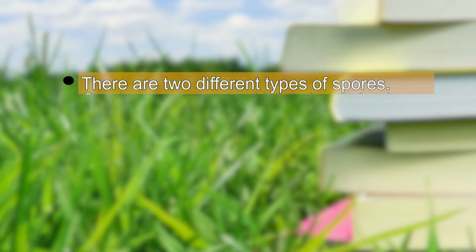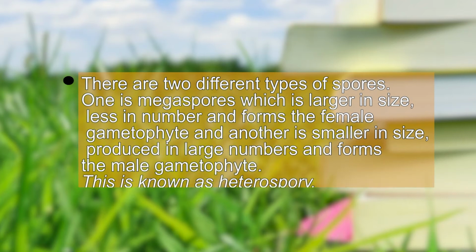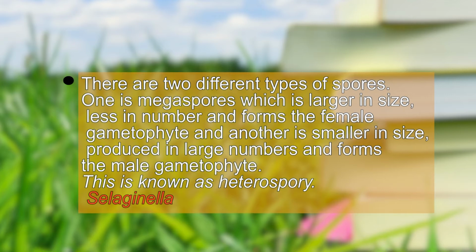And this third type is known as heterosporous, where two different spores are produced. One is the megaspores and the other is the microspores. These megaspores are relatively larger and the microspores are relatively smaller. The megaspores form the female gametophyte and the microspores form the male gametophyte, and this particular phenomenon is seen in Selaginella.